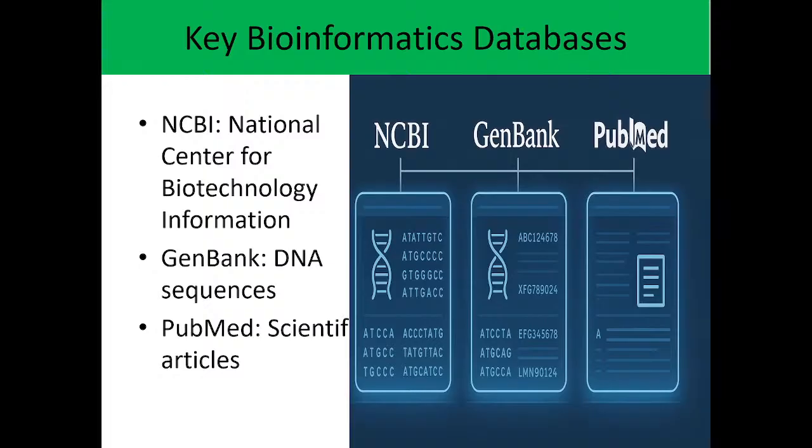That is the critical level at which, when you are looking for information about DNA, the first place you should go to is the NCBI, that is the National Center for Biotechnology Information. That is the first place you should go to if you are looking for any information that has to do with nucleotides.